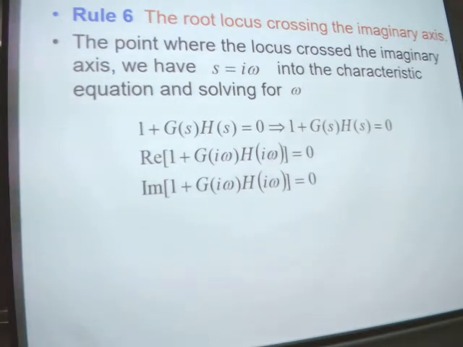And in this equation, s is substituted by j omega. Then we can write 1 plus G(j omega) times H(j omega) equal to 0.